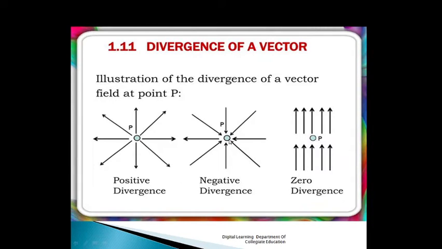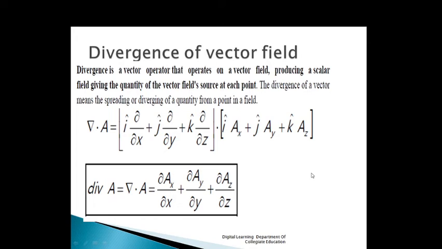If a vector field is contracting, or acts as a sink, then the divergence is negative. If the vector field entering and leaving are the same, then the divergence of the vector field is 0.